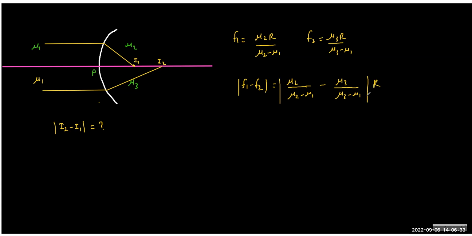Okay, so that's a simple question that you can solve. The same question can be asked in terms of object also. They may give you object distance, so let's solve a simple question similar to this, just for practice.